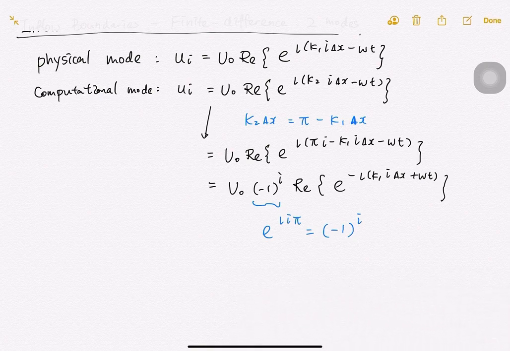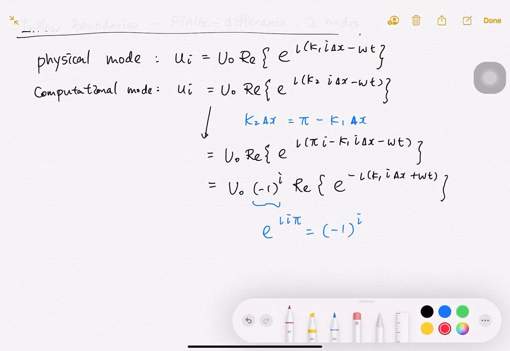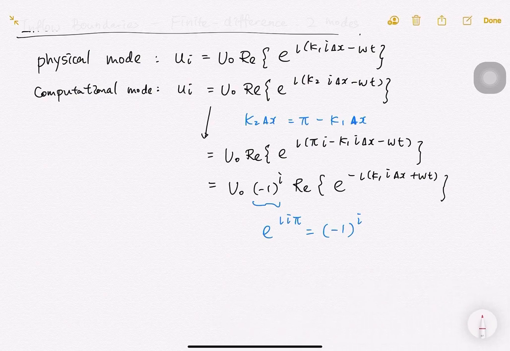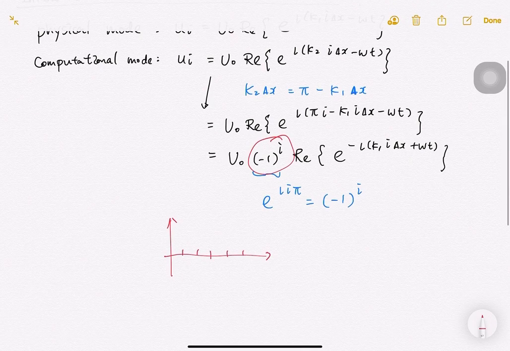Okay, so now what do we have here? We know that this term will give you a very weird signal because it depends on i, and it flips the sign, which means that if this is i, then your signal will be like this.